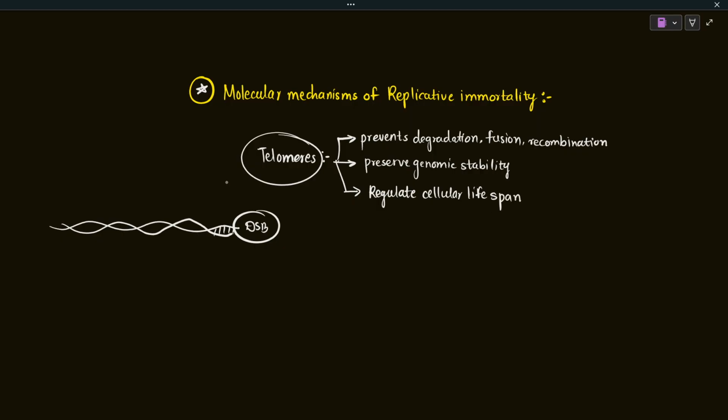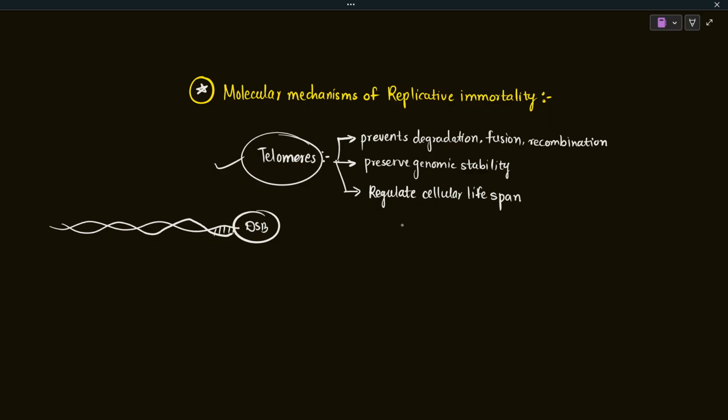Once the telomere shortens enough, the cell is going to enter the senescence stage. Most somatic cells undergo telomere shortening. The cancerous cell has a mechanism to prevent the telomere shortening, which eventually leads to replicative senescence.